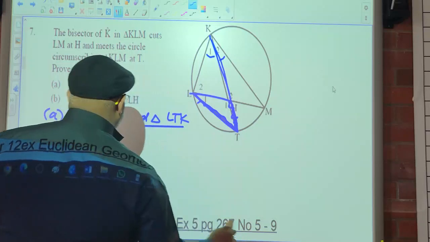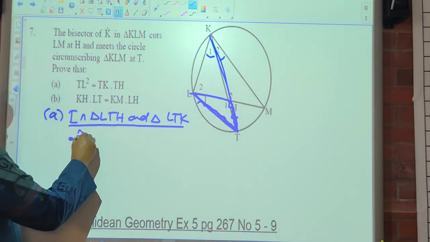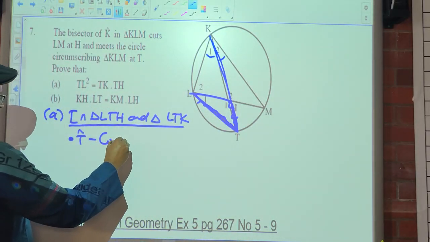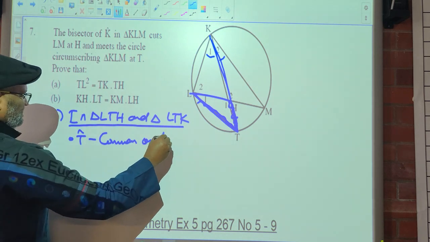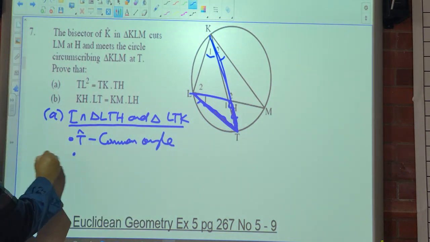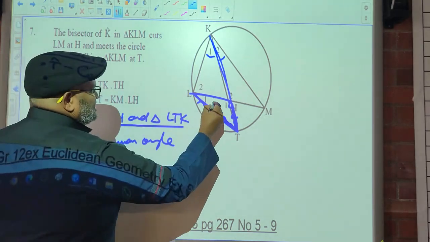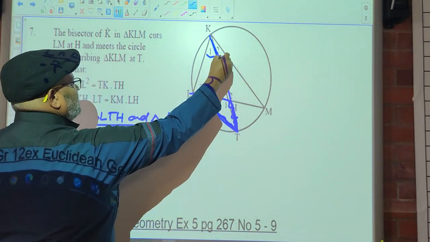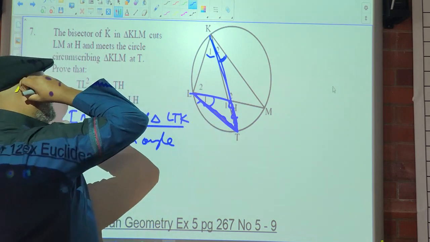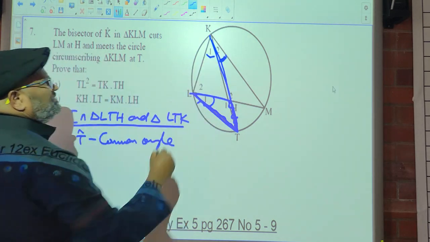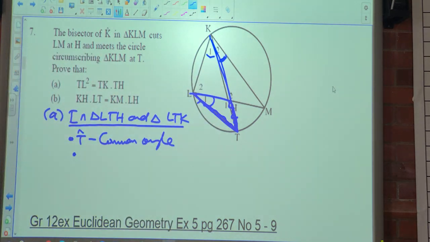T is a common angle, yes? What else? Firstly, L1 is equal to K2. Why? Angle in the same segment. K2 is equal to K1 because KT is the bisector.